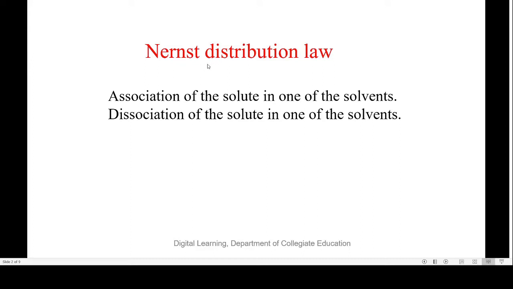In this session, you will be able to understand the application of Nernst distribution law in case of association of the solute in one of the solvents and dissociation of the solute in one of the solvents.